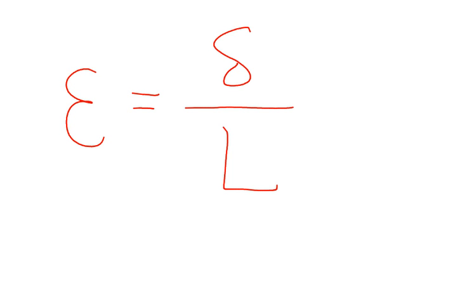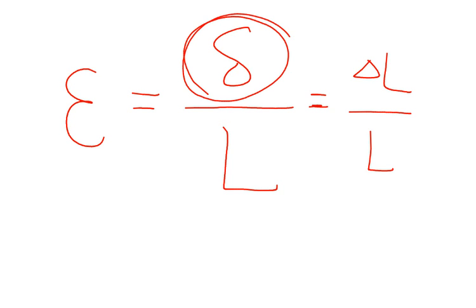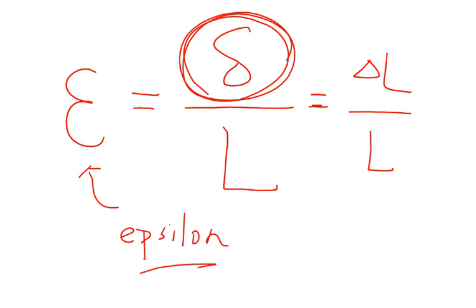Some people write this as delta L over L, a change in length over your original length. But using this delta here is a little more common. So this is Greek letter epsilon. You're building up quite a collection of Greek letters for yourself, and you'll get comfortable with these Greek letters as you go through this course because these are used over and over.